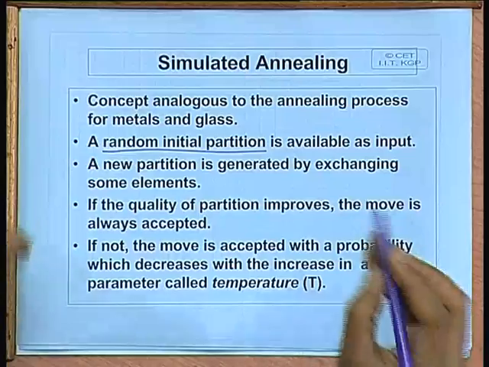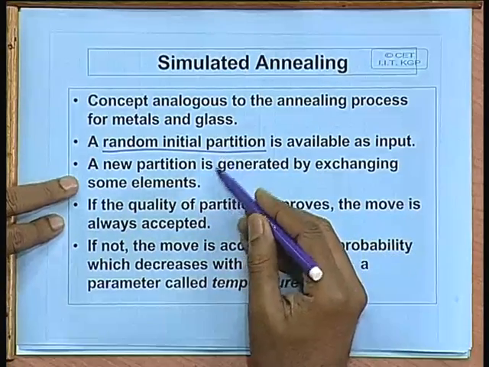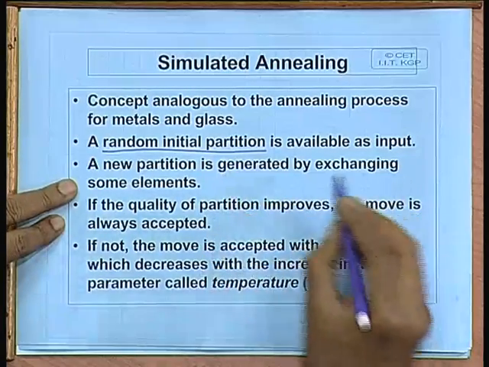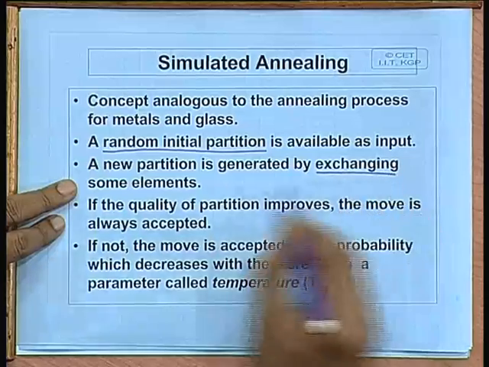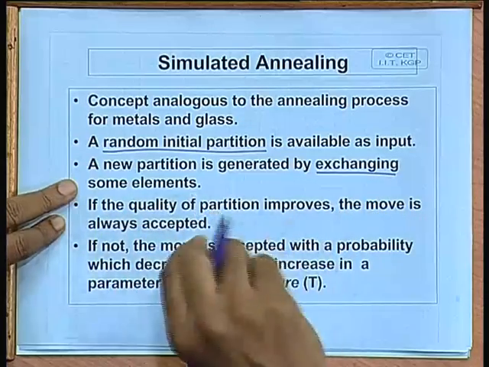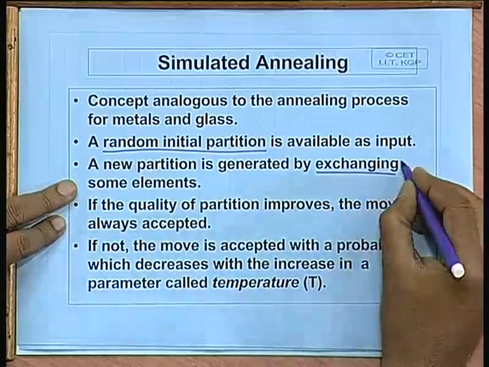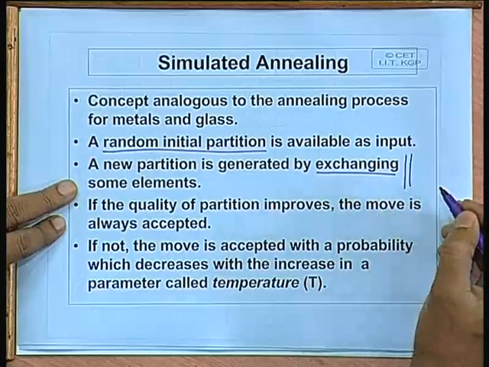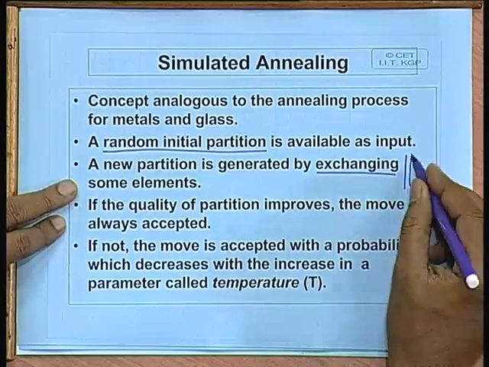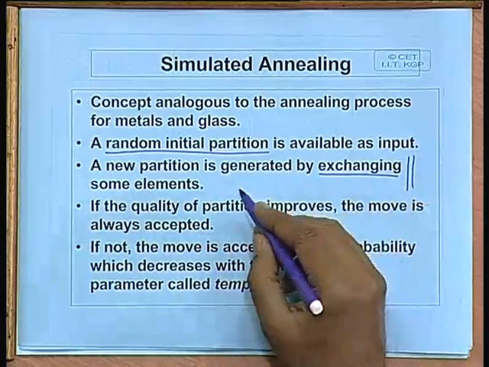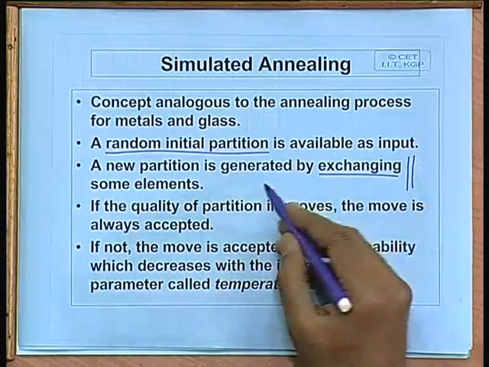Like the Kernighan-Lin algorithm, we also do some kind of trial exchanges or movement like the Fiduccia-Mattheyses algorithm. So, we make some changes to the partition and evaluate the quality of the new partition we get, whether it is a better one or a worse one.